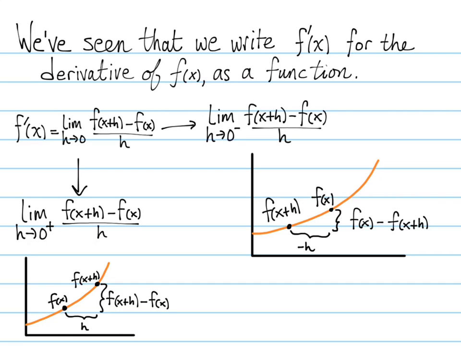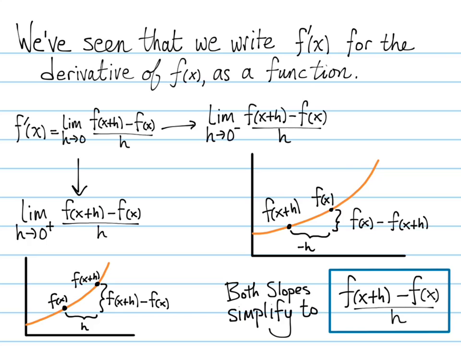And as h goes to 0 on the left, h is negative, so what we can see is that we're going to get f of x minus f of x plus h over negative h to be the slope. But both of them simplify to f of x plus h minus f of x all divided by h.